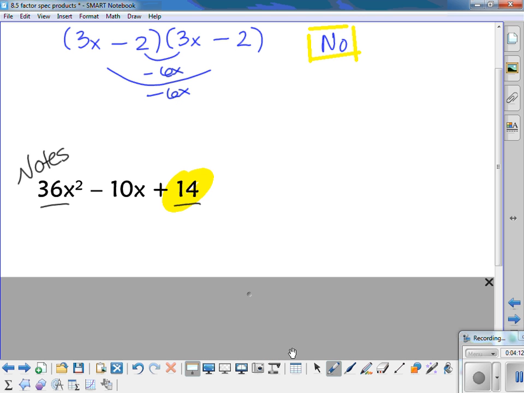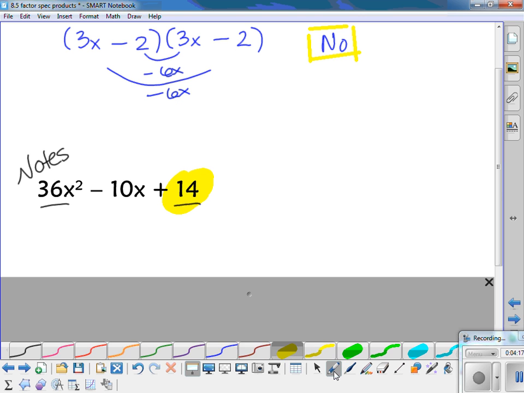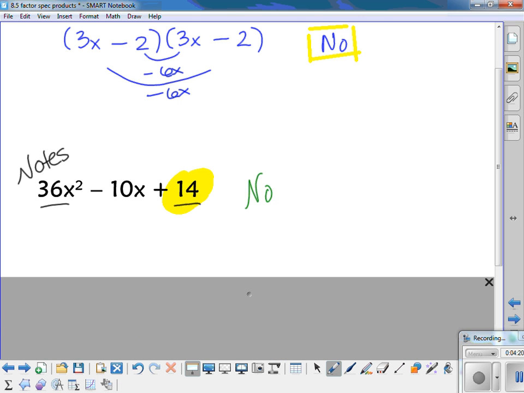What about this term here? Is 14 a perfect square? No, 14 is not a perfect square. So there's no way that it can be a perfect square. I don't even have to try the inside and the outside because I know that 14 is not a perfect square. Okay? So I don't even have to do anything else. That's it. I'm done. All right?